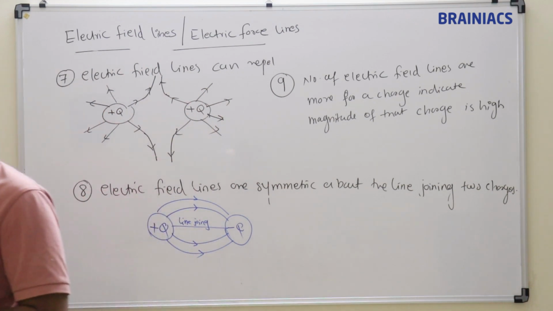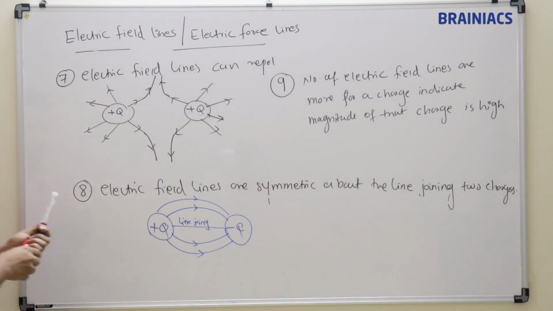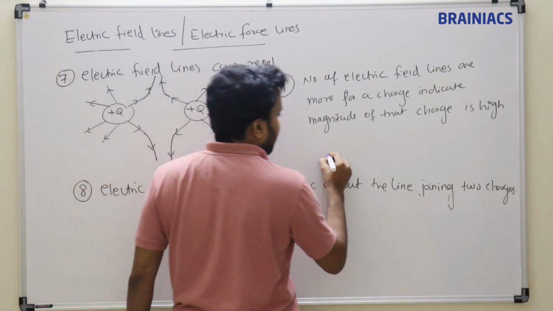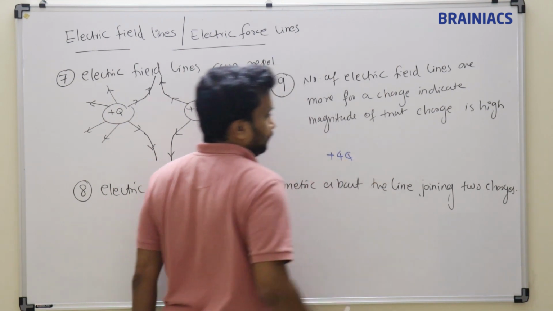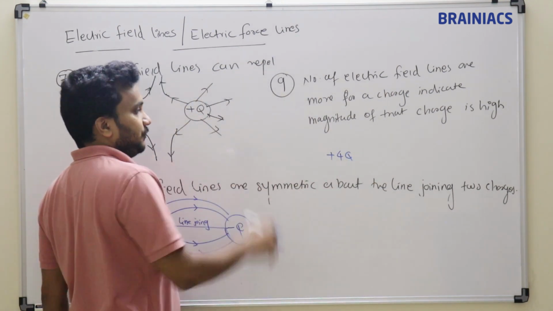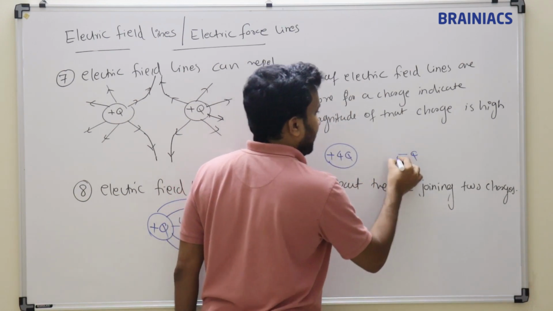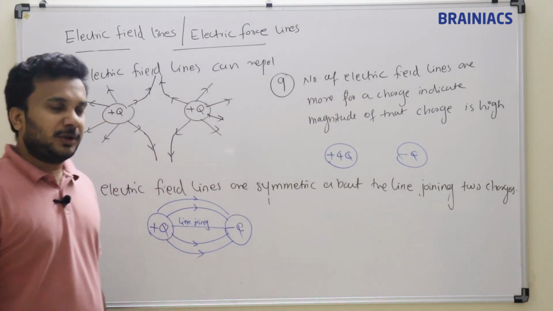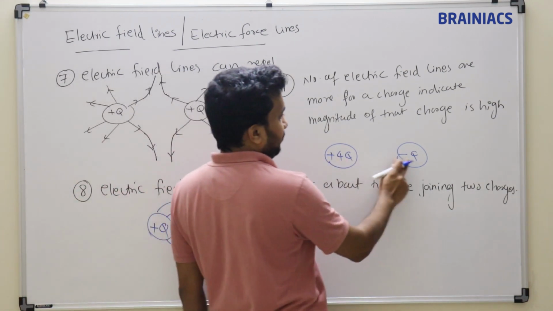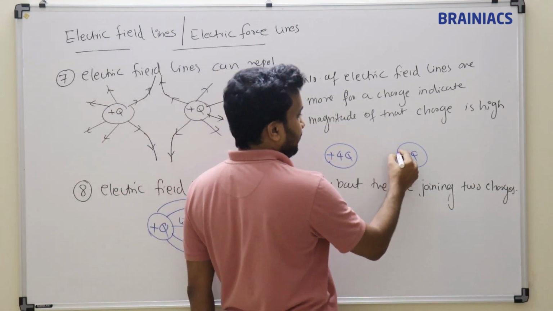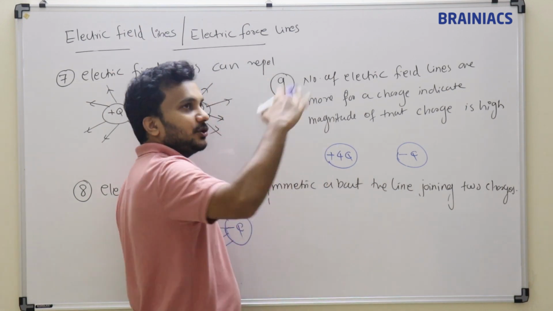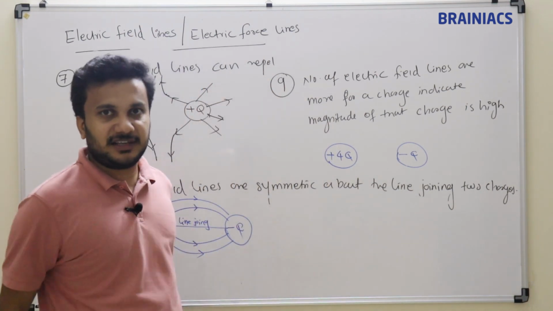If you have two charges here, let me take an example. I have a plus 4q and a minus q. We know that with respect to sign, a positive sign means electric field lines are going out, and a negative sign means electric field lines are coming in.